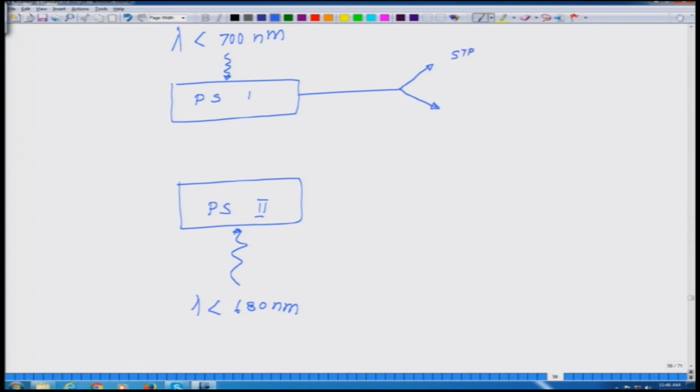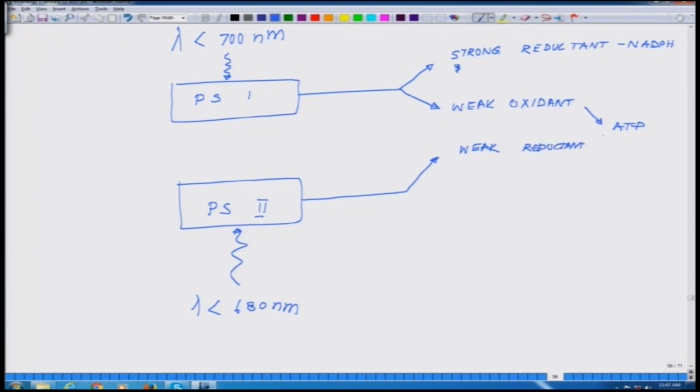Now, what is generated out here is a strong reductant in the form of NADPH, and a weak oxidant in the form of ATP, whereas in photosystem 2 you have a weak reductant in the form of ATP again, whereas there is a strong oxidant in the form of oxygen.